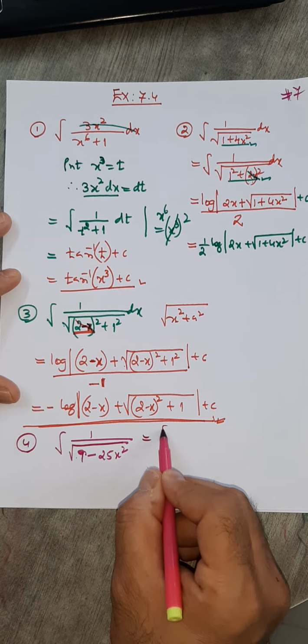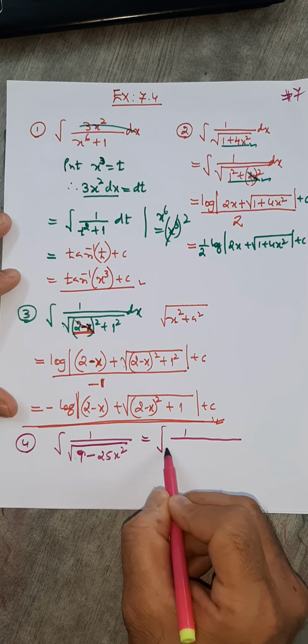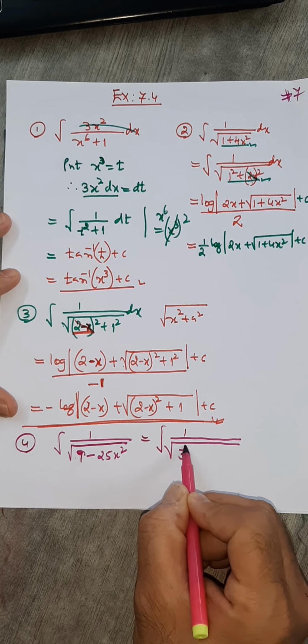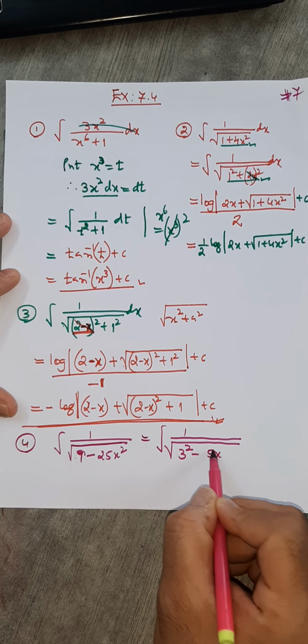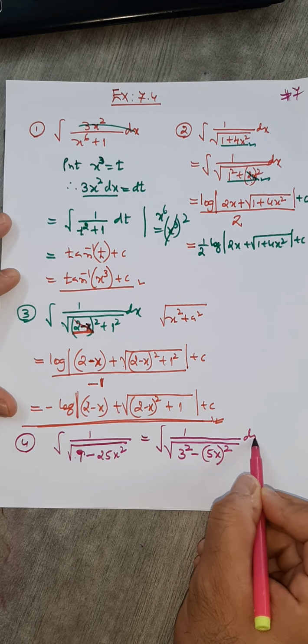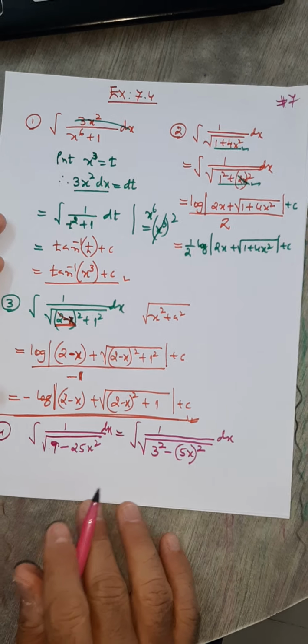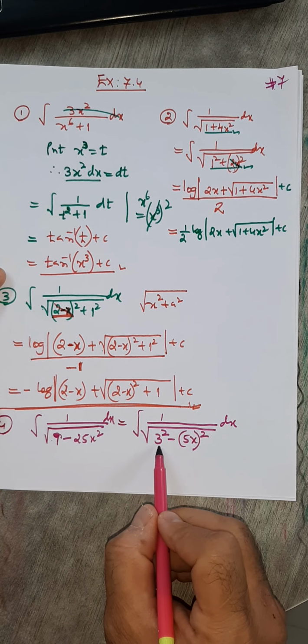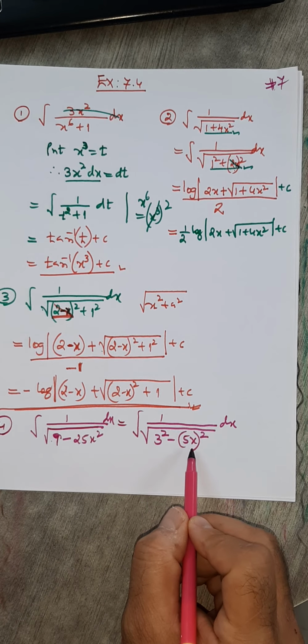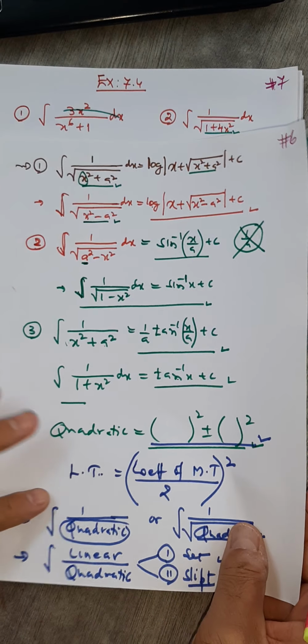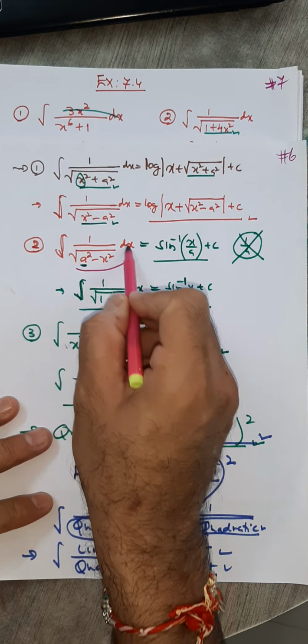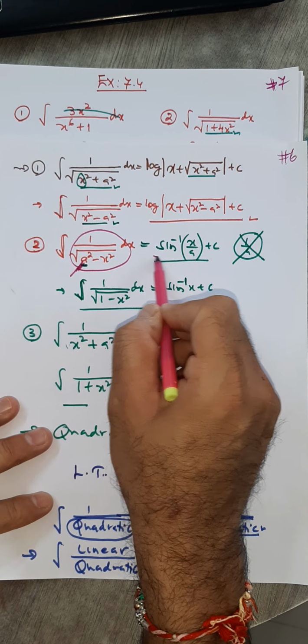You know that if you have the constant first, the answer should be in the form of sine inverse. So I can rewrite it like this: 3 squared minus 5x the whole square, dx. This is which formula? a squared minus x squared. If you have a squared minus x squared, constant first, your answer will be in the form of sine inverse.